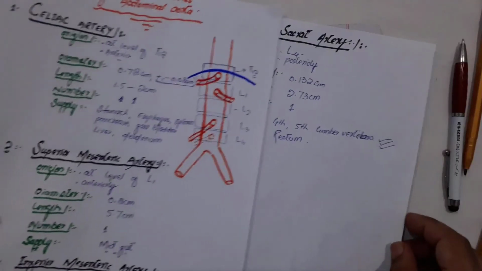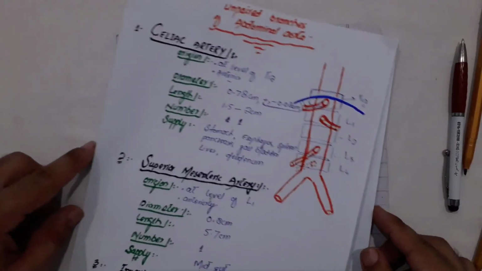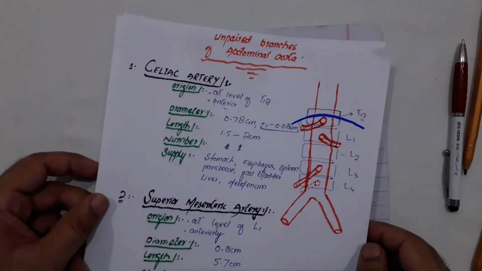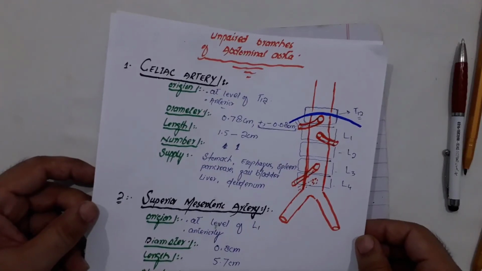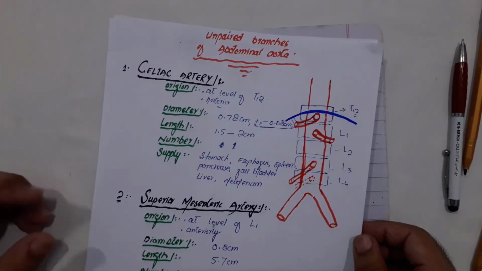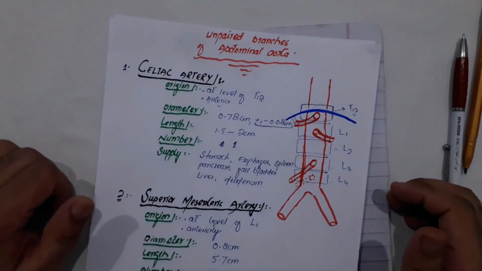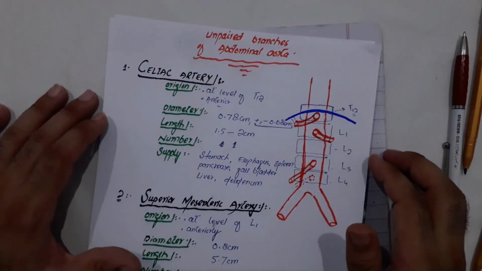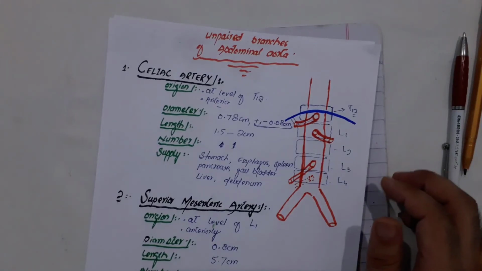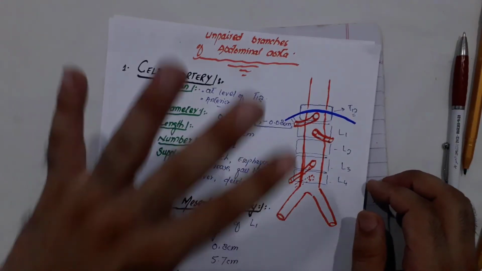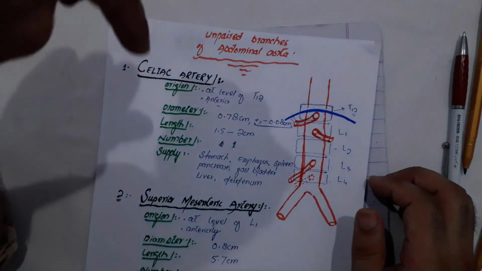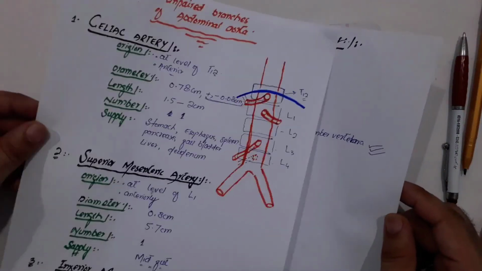So I think up to now we have finished the branches of the abdominal aorta. Also we discussed the unpaired branches in this lecture, and in the previous lecture I discussed the paired branches which arise from the abdominal aorta. We knew that there were about 8 paired branches and 4 unpaired branches. So these are the unpaired branches, friends.